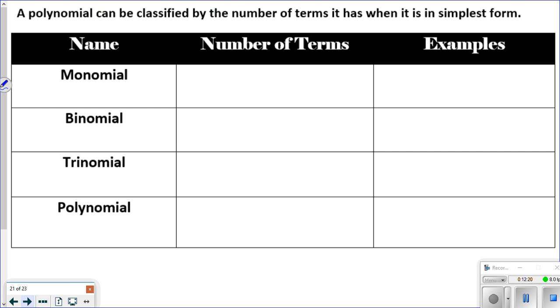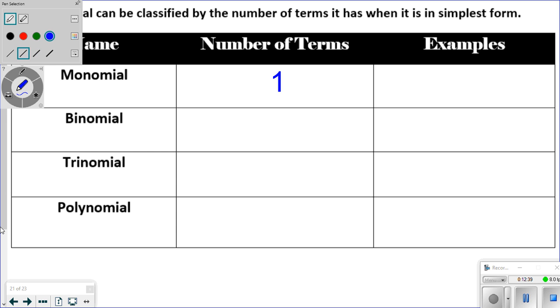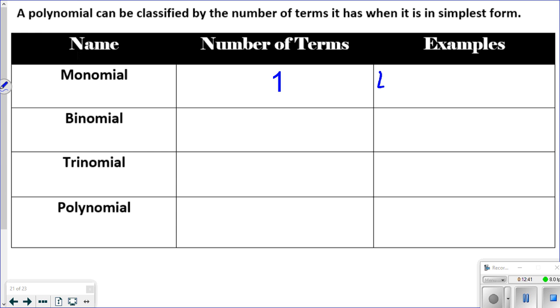So on the front side of our note sheet, let's fill in these. Number of terms is 1. So I could have 4x squared. This is a single term. It's called a monomial.